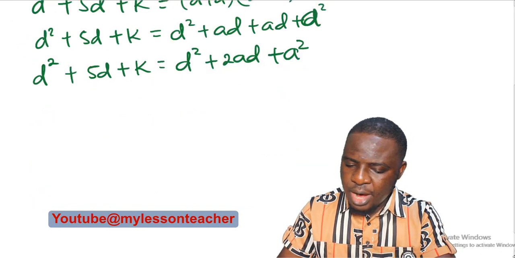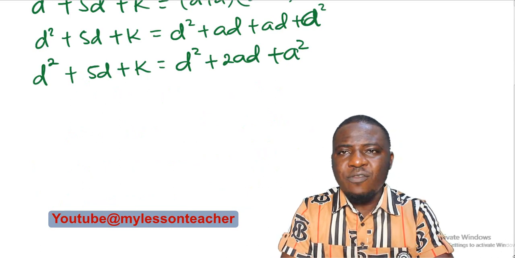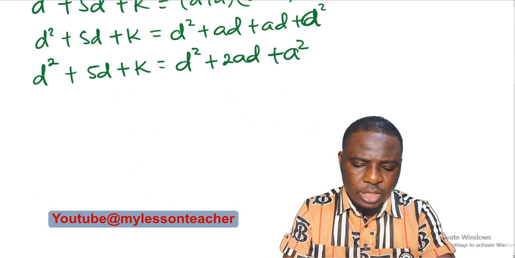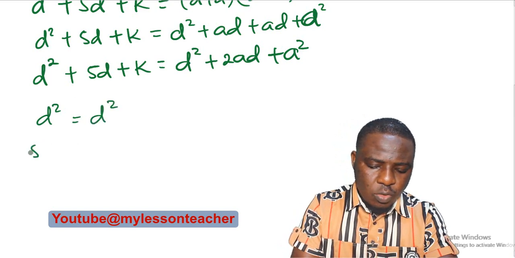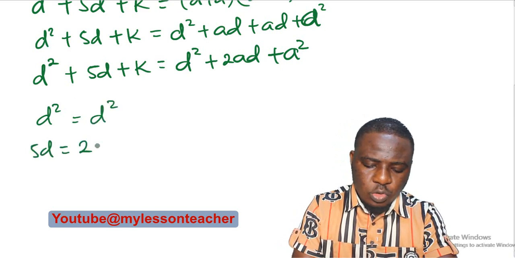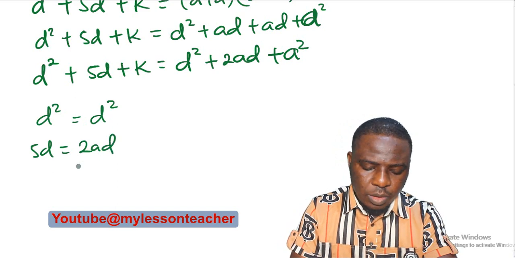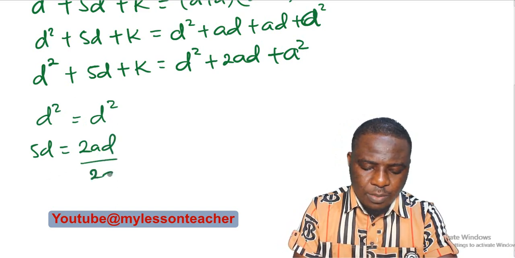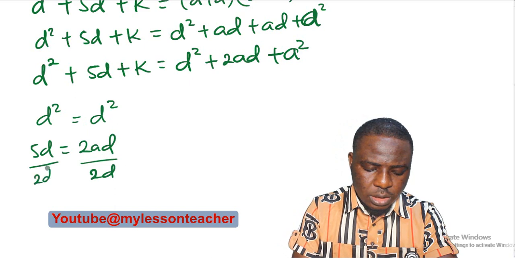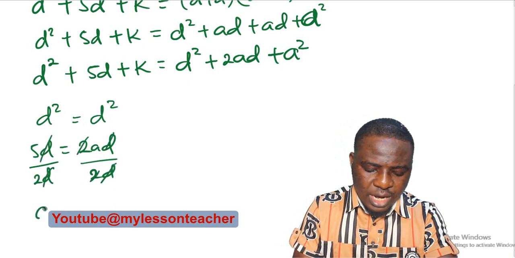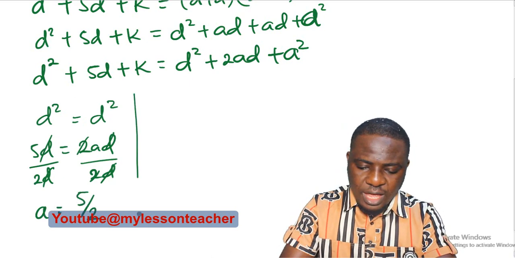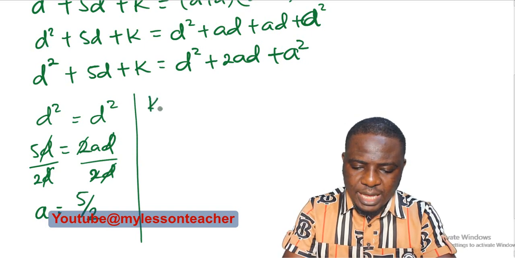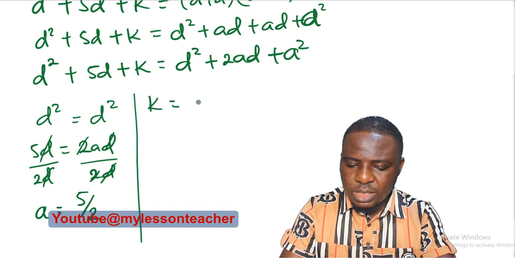Now, by comparing the equation we have on the right hand side with that on the left hand side, you agree with me that d squared is equal to d squared. We have 5d to be equal to 2ad. What is a? Divide both sides by 2d. And you have it that a is equal to 5 over 2. So if a is equal to 5 over 2, what will be k? K, which is the last term, is equal to what?